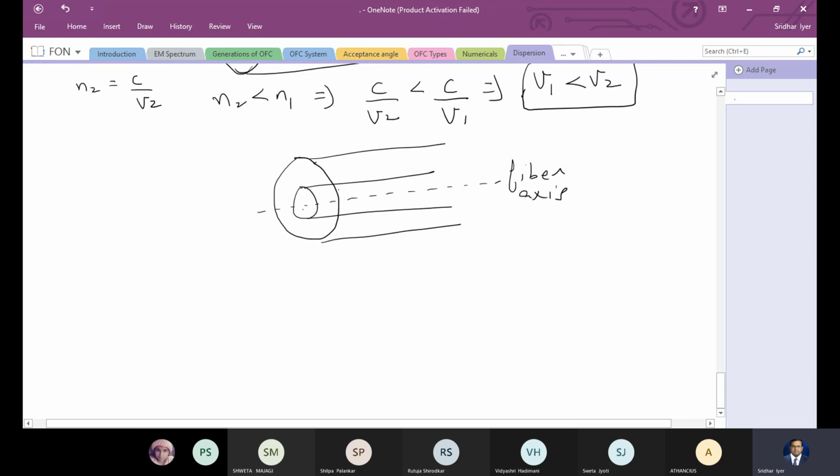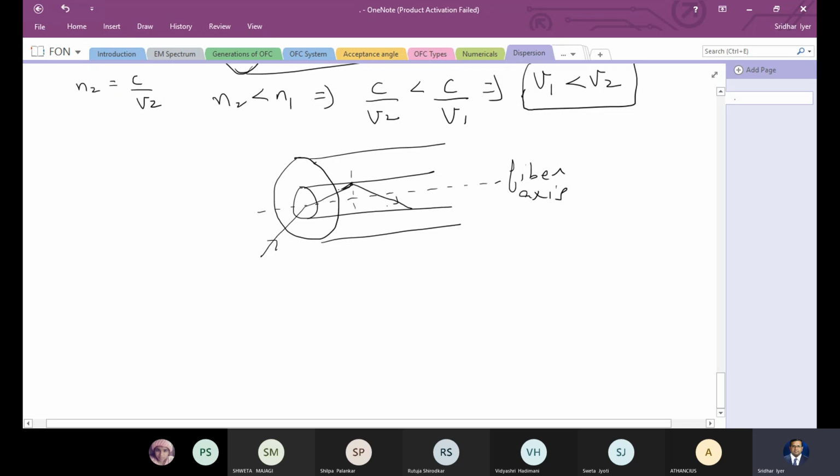Now let us assume that this light is following the acceptance angle, and it's inserted into the fiber with the kind of acceptance angle that we need. So the light is going to undergo total internal reflection, and it stays inside the core of the fiber.